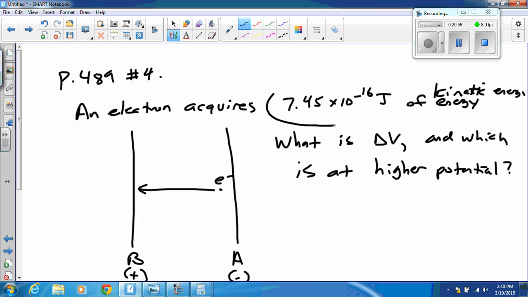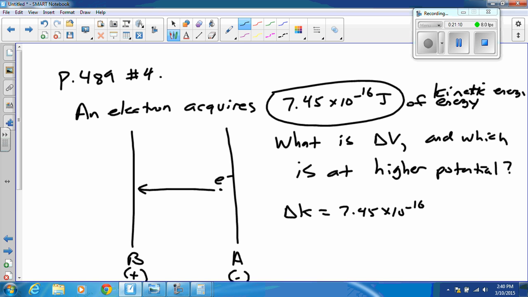The only clue that we have is the amount of energy gained by that electron. This is kinetic energy that is gained by that electron. So we can say that delta K for our electron is 7.45 times 10 to the minus 16th joules. Where did that kinetic energy come from?